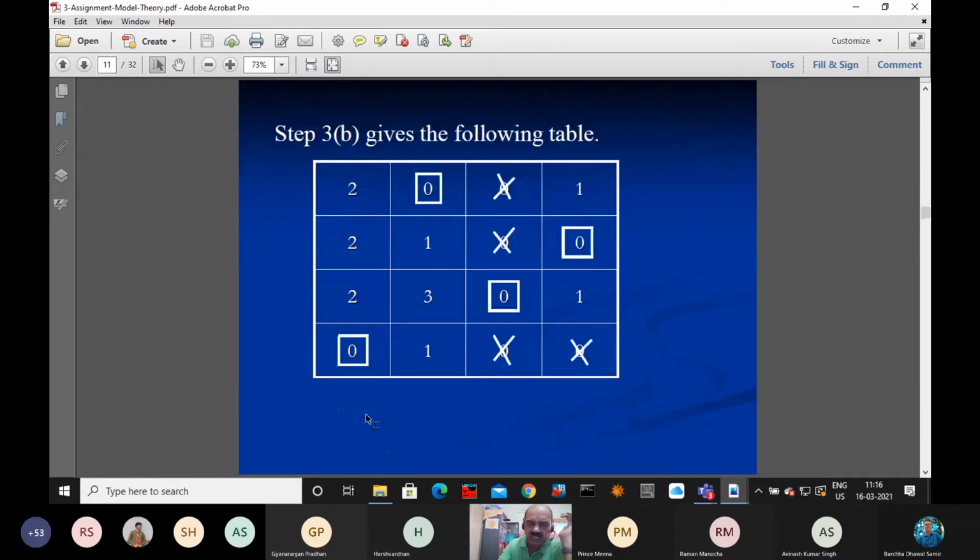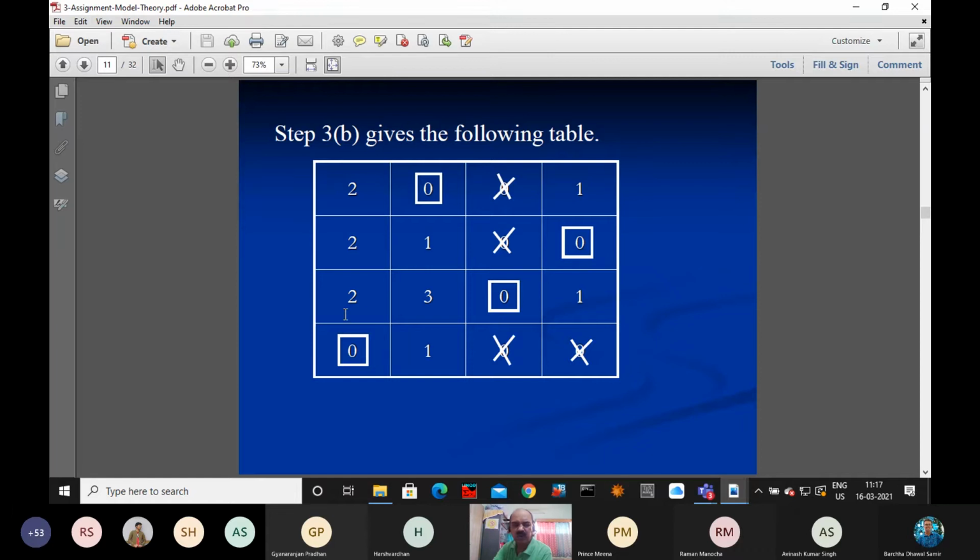If you see the assignment, we have assigned only to 0 elements. Whatever assignment we have made, accordingly, in the first row the decision variables are x12 equal to 1, rest all 0. In the second row, x24 equal to 1, rest all 0.